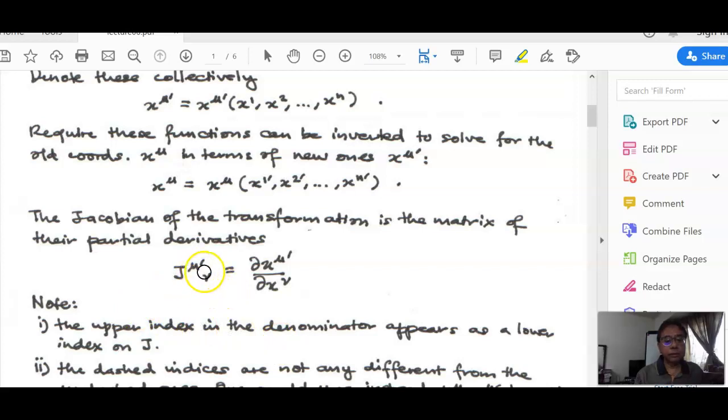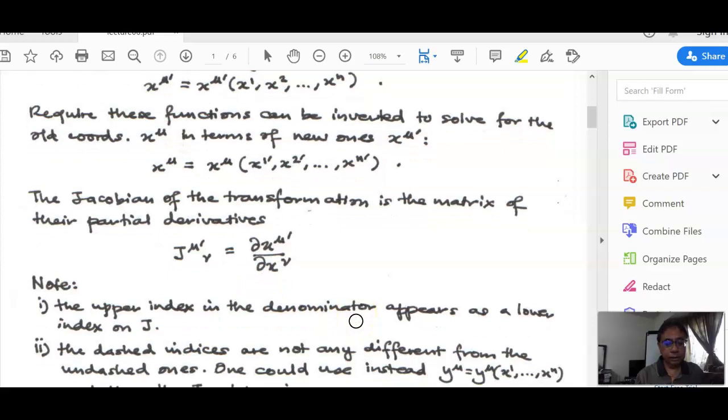The labeling follows this way: mu dash at the top comes from the mu dash here, and nu at the bottom is due to the nu here, even though x nu is at the top, because it's in the denominator. When it's in the denominator, it's considered a lower index. So that's one note.